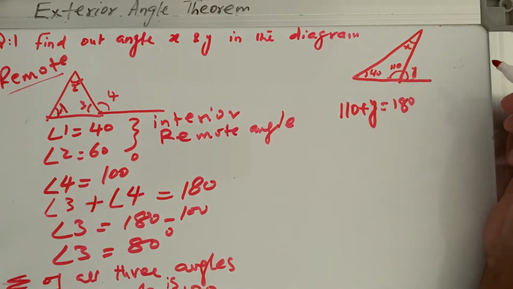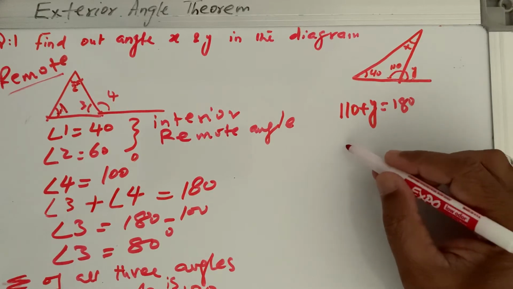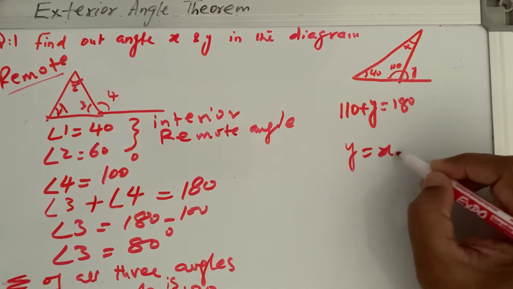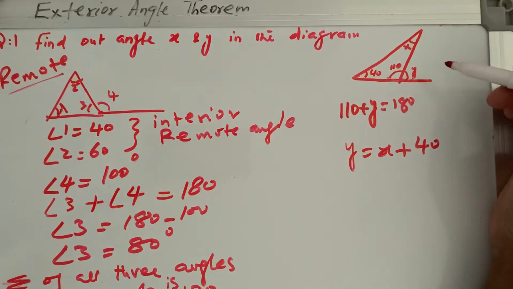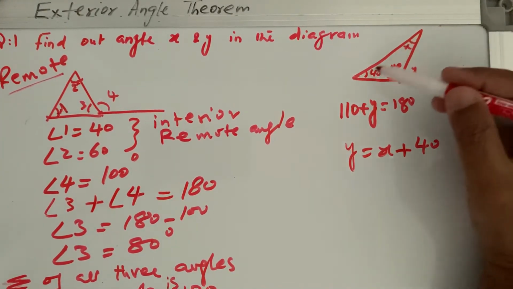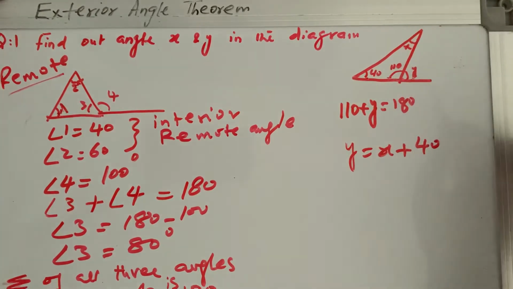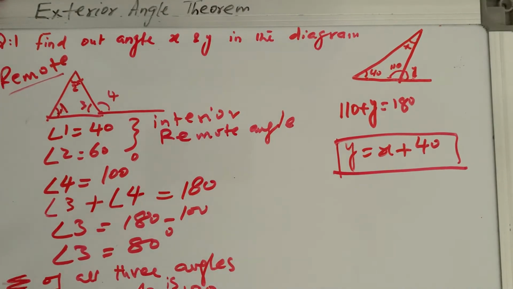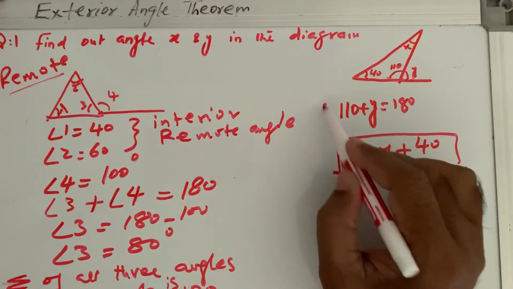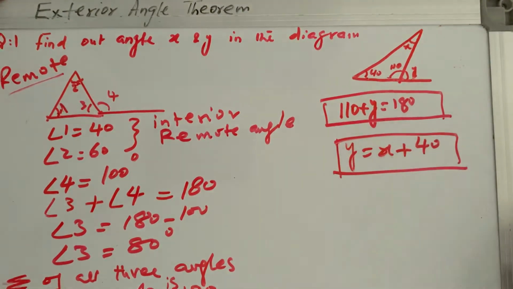The other thing I can write is y is equal to x plus 40. This is the definition of the exterior angle theorem, that y will be equal to the sum of these two. So this is my exterior angle theorem, and the other is my straight line theorem.